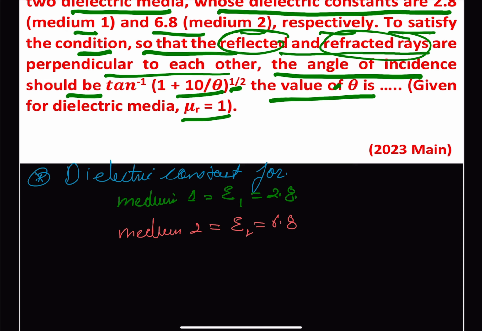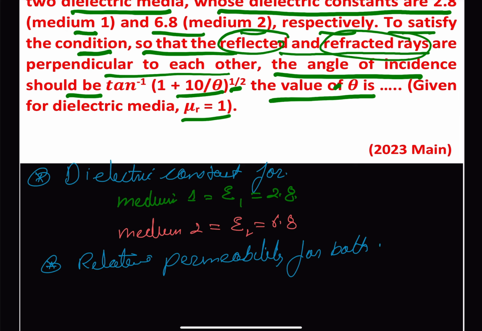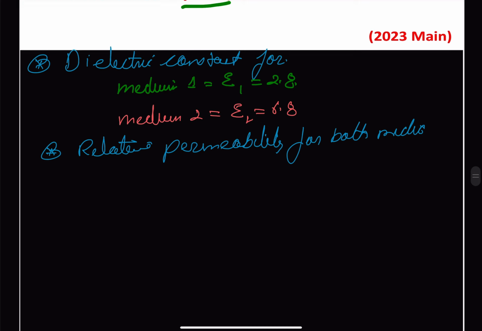And we are also given the relative permeability for both media. Relative permeability for both media, it is given as mu r, and that is equal to 1.